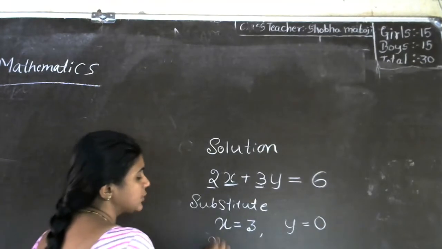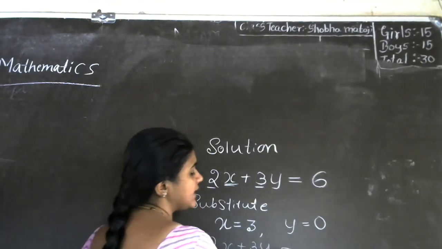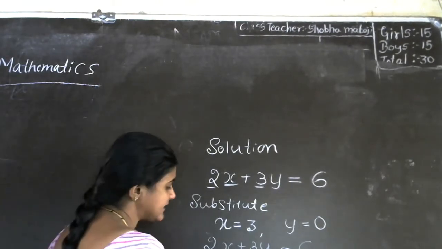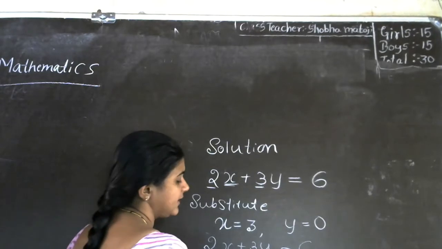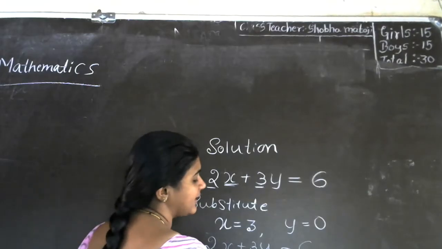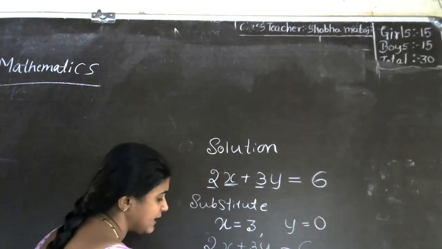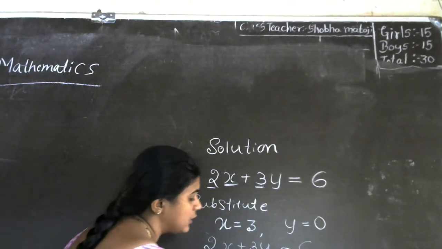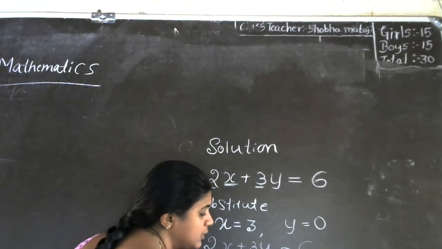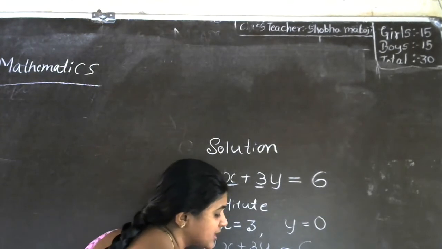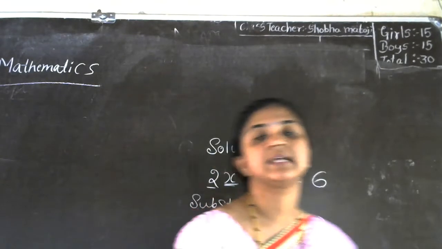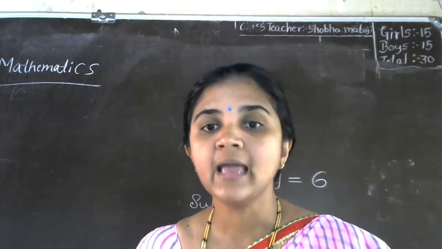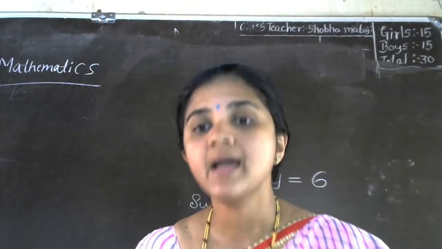I'll show here. 2x + 3y = 6 is our equation. Now according to Shri Harsha, in place of x I'll substitute 3, and I'll put 0 for y. So 2 × 3 is 6, plus 3 × 0 is 0, so 6 + 0 = 6. An equation means the LHS must be balanced with the RHS.